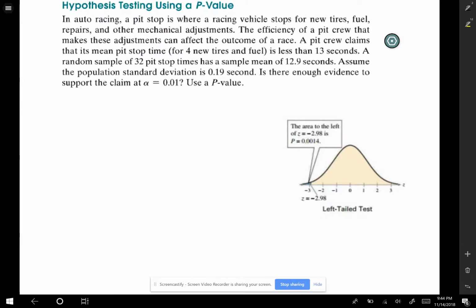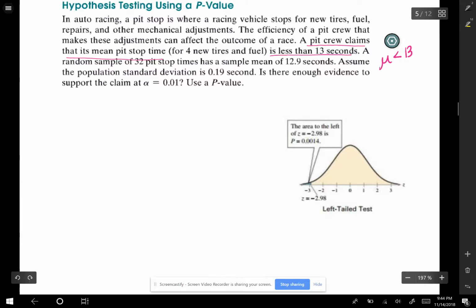So on this one we have, in auto racing, a pit stop is where the racing vehicle stops. So we know all of that. The efficiency of the crew can affect the outcome of a race. So we have a pit crew that's claiming that its mean stop time to do 4 new tires and fuel is less than 13 seconds. So the mean is less than 13. That's what they're claiming.